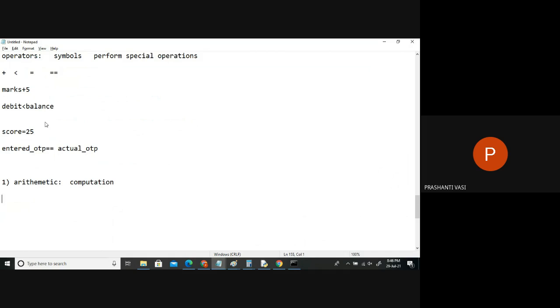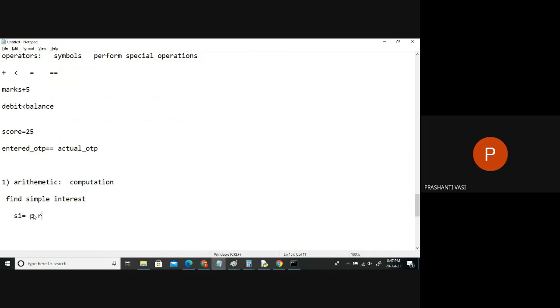Like I want to find the simple interest. So what should I do for simple interest? What I need to use, which symbols are used in this formula? For any computation, calculations, we use symbols. Which symbols are used in the formula for calculation of simple interest?